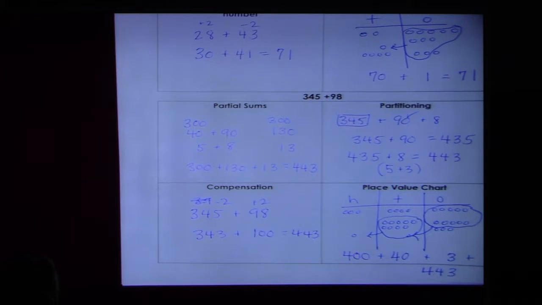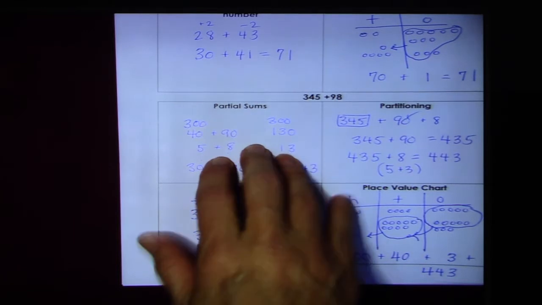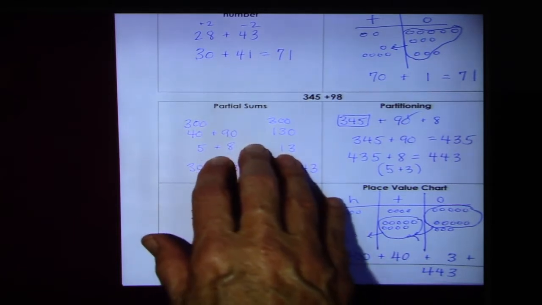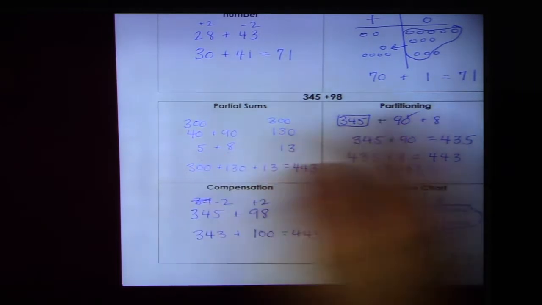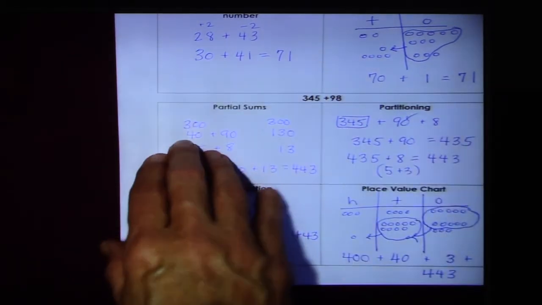Your children are going to pick favorites, and when we are teaching partial sums, we are going to make everybody do partial sums for a day or 2, or 3 or 4. Because if they don't practice it, they'll never know whether they really like it and want to replace it. Same thing when we get to partitioning. We're going to have some kids who go, but I like partial sums better.